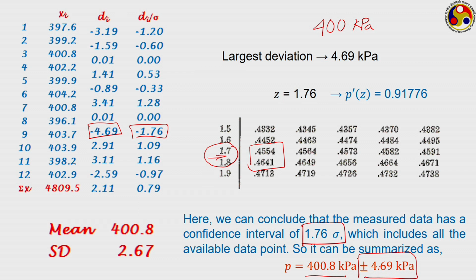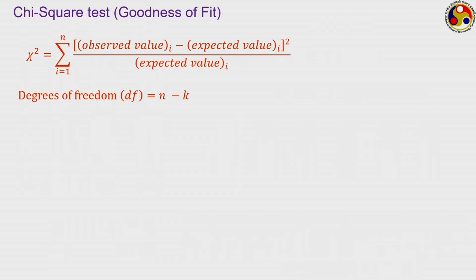The table of 12 pressure readings has a mean of 400.8 kilopascal and an error of 4.69 kilopascal. In this particular example, this error of 4.69 kilopascal is not very significant, because it is well within the plus minus 2 sigma limit. Next, another test that I will cover very quickly.